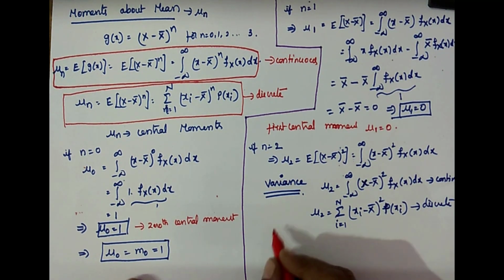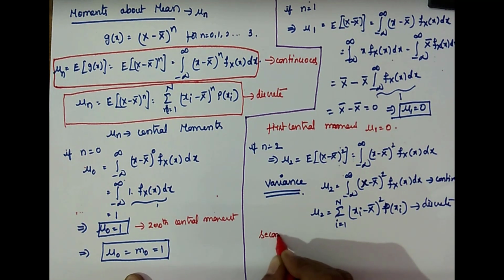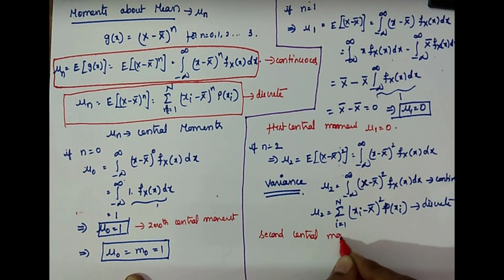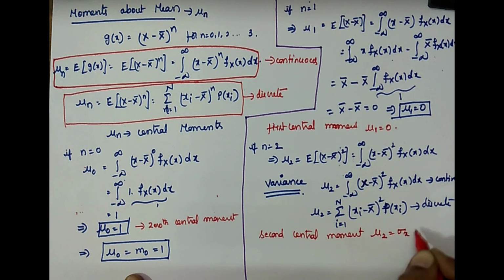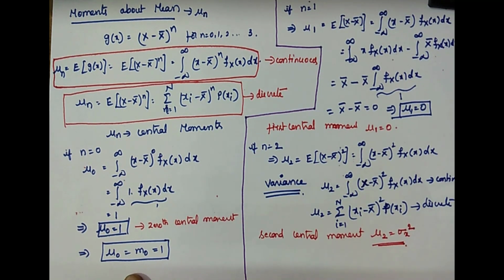What is the second central moment? The second central moment is mu 2, that is represented by sigma x square.